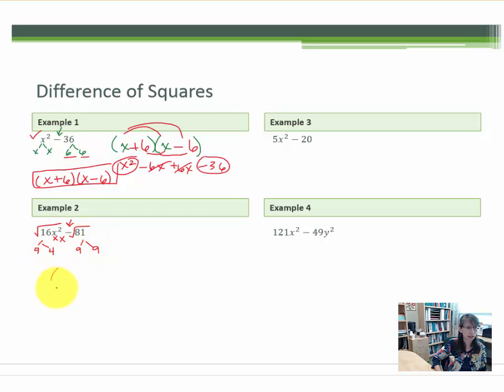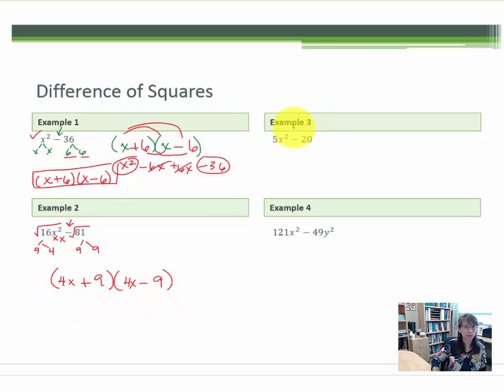So we go directly to the binomials for the answer. The first term, 16x squared, is 4x times 4x, and 81 is 9 times 9. The only way for the middle term to be eliminated is to use one quantity positive and one quantity negative. And that's your factored answer.